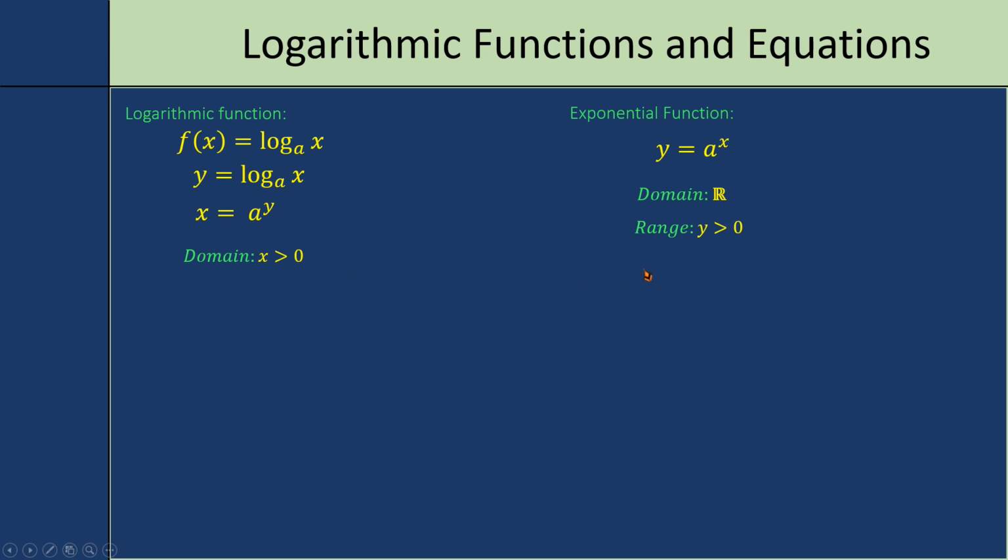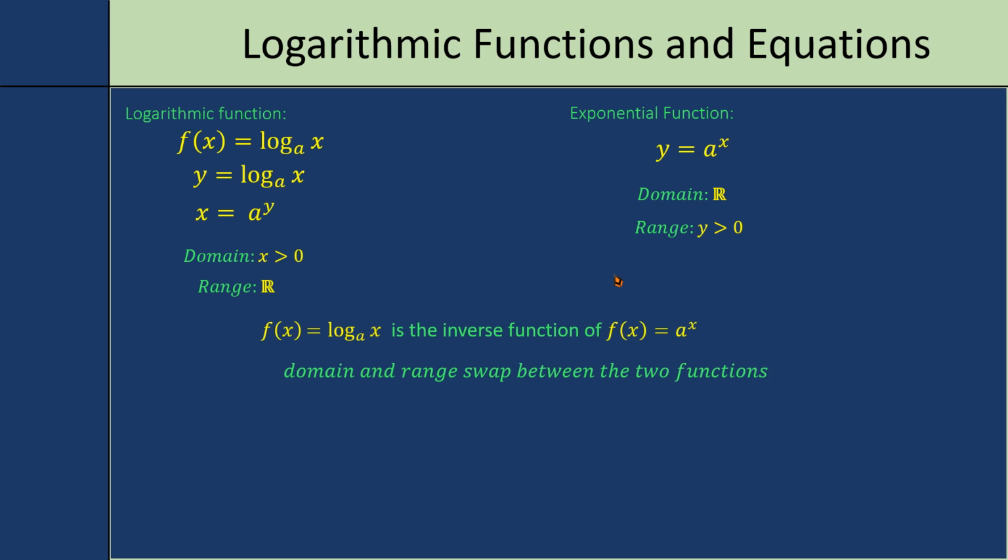So the domain is the range of the exponential function, so y is larger than 0. And the range is all real numbers. So you swap them. Okay, that is the key understanding that you got to have, is that the logarithmic function is the inverse of the exponential function. Okay, these are the key findings that you really need to understand. The domain and range swap between the two functions.